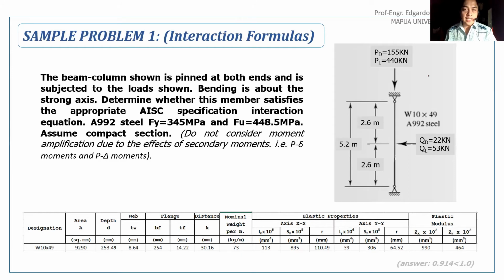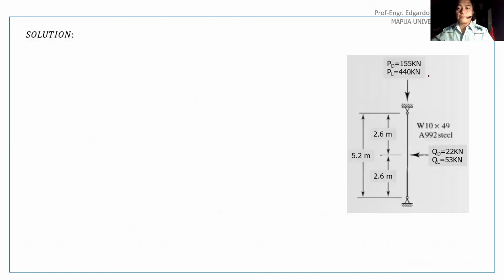Then also it is stated in the problem, do not consider moment amplification due to effects of secondary moments, which are the P-delta moments, or the capital and the small delta moments. Because if we consider those P-delta effects, there will be a magnification of the moments on the beam column.